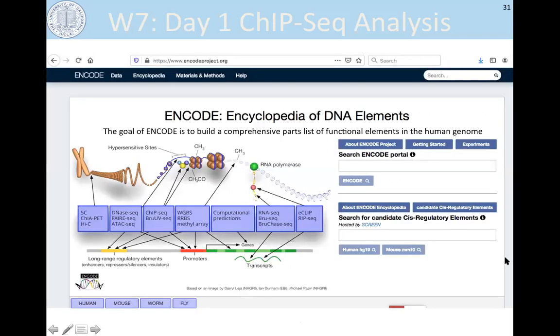So to do this, we are going to obtain data that was generated by the ENCODE consortium.